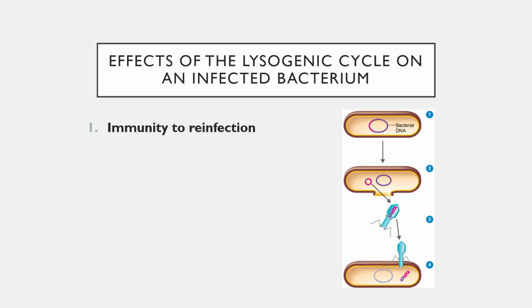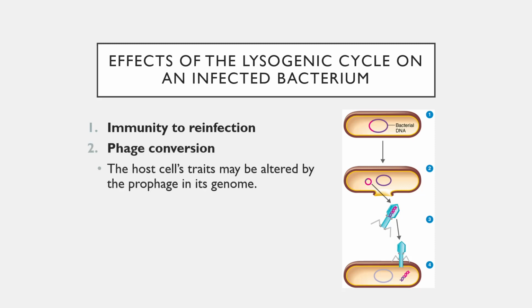Another one is a phenomenon called phage conversion. Phage conversion is what happens when the bacterial cell traits are changed by the presence of the prophage in its genome. So, for example, there are many examples of bacteria that are normally harmless to humans, but when infected with a lysogenic phage, they can be transformed and start generating toxins that suddenly make them more virulent and harmful to humans.